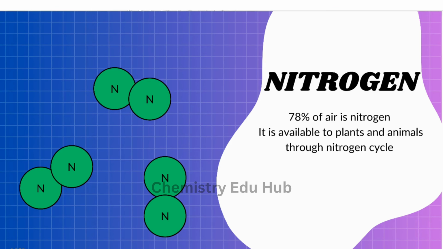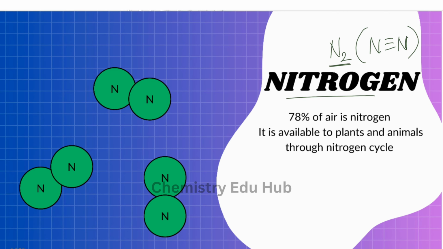The first most important component of air is nitrogen. In the air, nitrogen exists in the form of N2 gas. This has a triple bond and it is said to be the most inert gas. That's why we use nitrogen gas in packaging foods like Lay's or any chips packet, in order to keep the food items fresh.